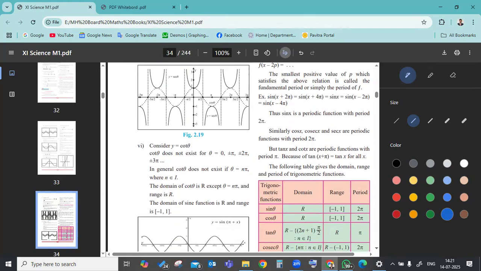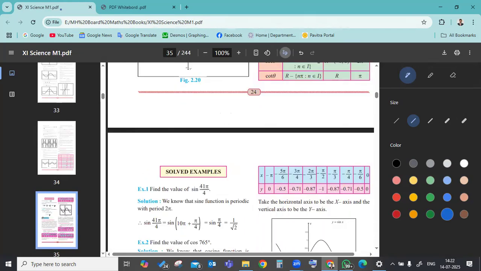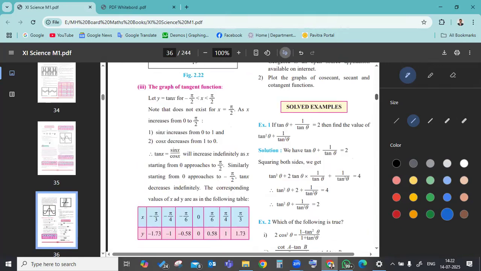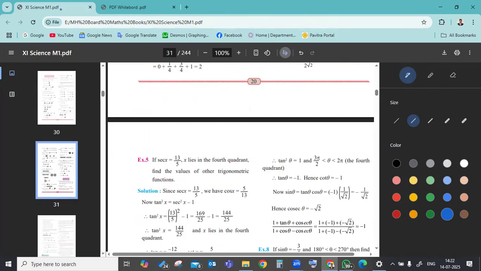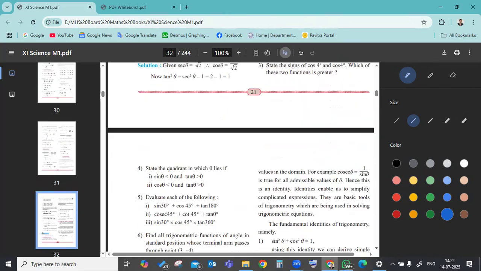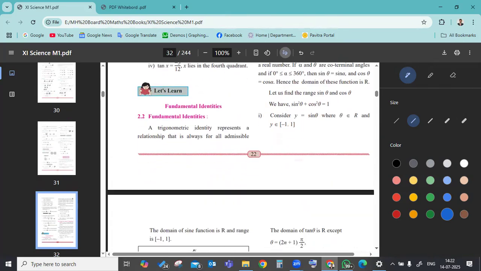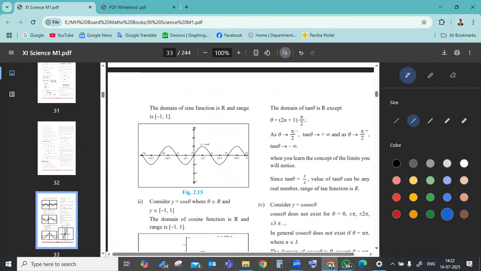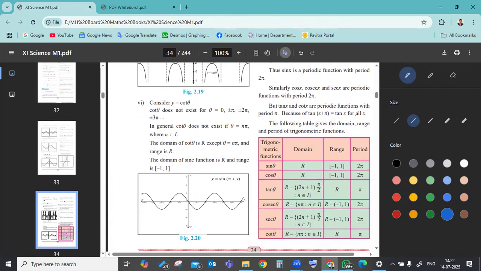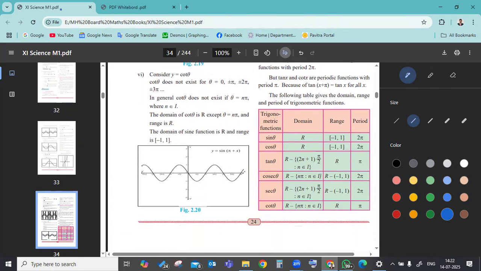Now here the periods of some main trigonometric functions are given. See, period of sin theta is 2 pi.